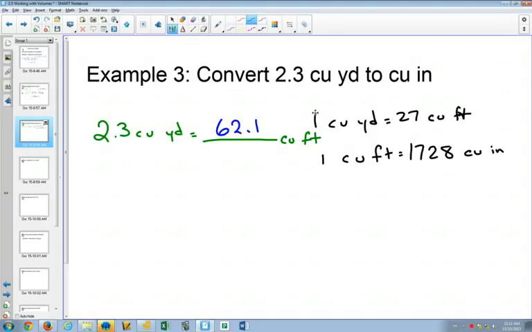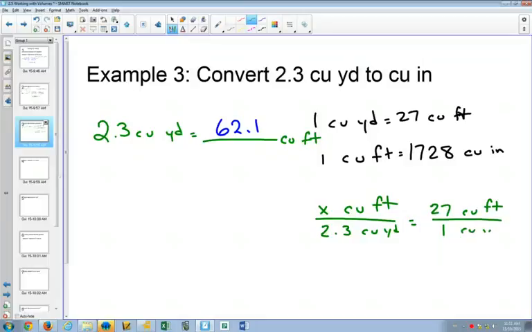I'll set up the proportion as well. So what we want to find is cubic feet. That's equal to 2.3 cubic yards. We know that there are 27 cubic feet in 1 cubic yard. Multiply both sides by 2.3, and you get x is equal to 62.1.